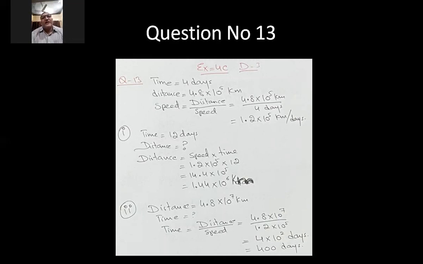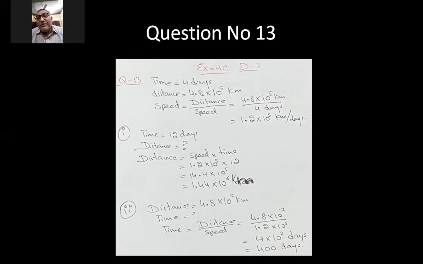So that's the speed. And then he says, how much distance is traveled when you move with this speed in 12 days? So the time is 12 days, the distance I want to know. You know the distance is equal to speed multiplied by time. So the speed is 1.2 expo 5 kilometer per day, and the time is 12 days.